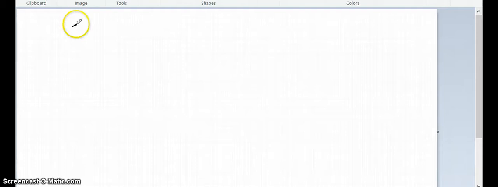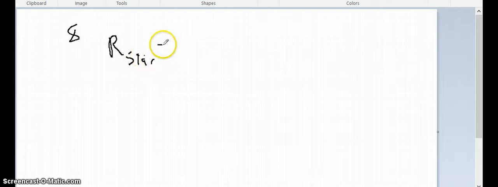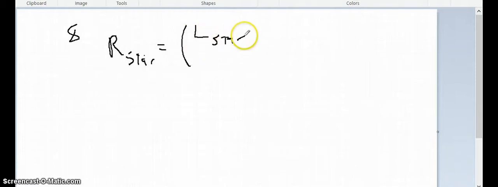All right, let's move on to number 8. For number 8, I had done an example of this before spring break. This equation is the size of a star. So R star is equal to the ratio of the luminosity of the star divided by the luminosity of the sun.